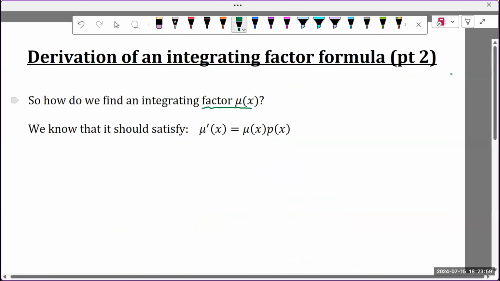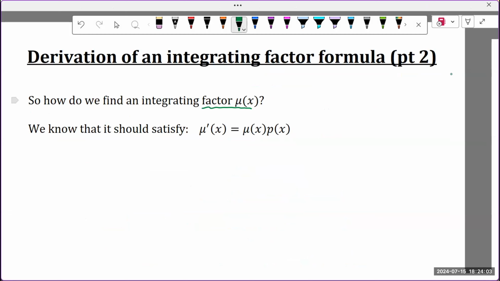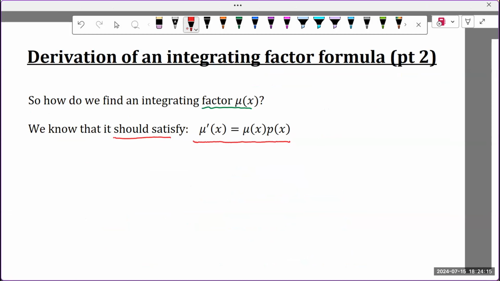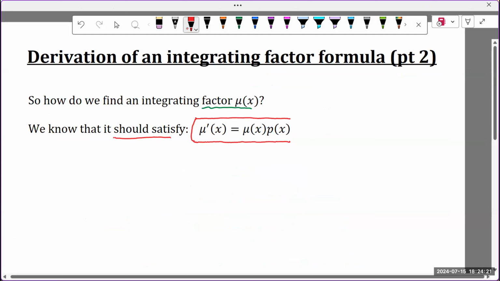It's very wrapped up in what we want mu to do for us. So we know that mu needs to satisfy this relationship that we talked about. We want its first derivative to equal itself times our function p. So we're going to solve for the function mu that satisfies this equation, but guess what?